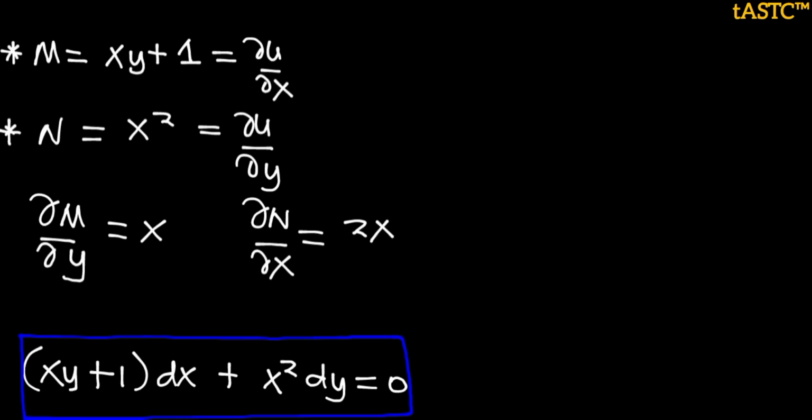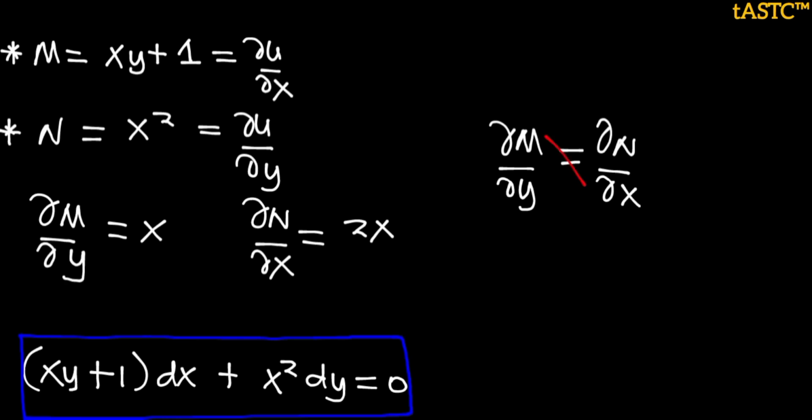Now this should almost be an exact differential equation, but it turns out that is not actually the case. We got a 2x on this other side, while on this we got an x. So we don't actually have partial m, partial y being equal to partial n, partial x. They are not actually equal.